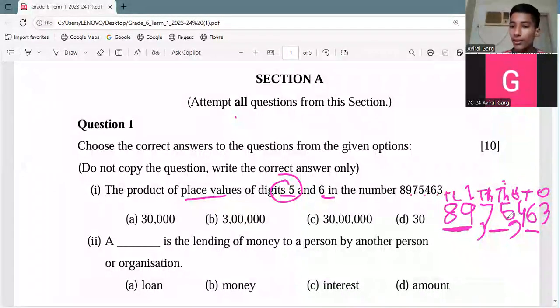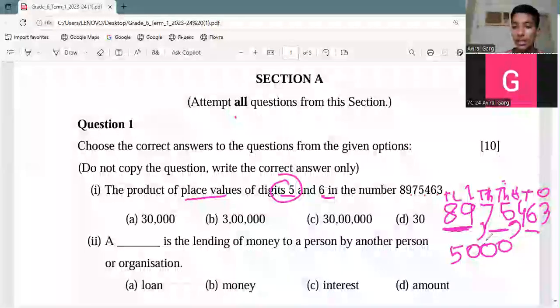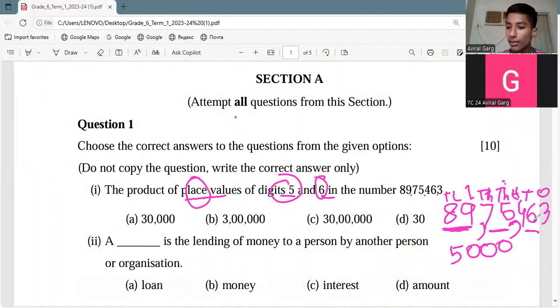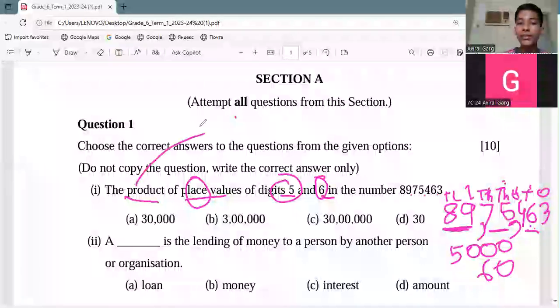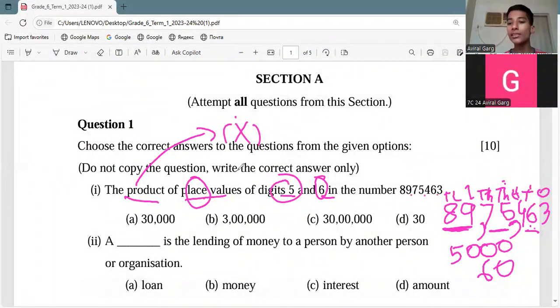They have asked us about the place values of digit 5. 5 is under 1,000, so this would be 5,000 place value, right? And 6 is under 10, that means 60. The word product here means multiplication. Product in mathematics means the answer of any multiplication.